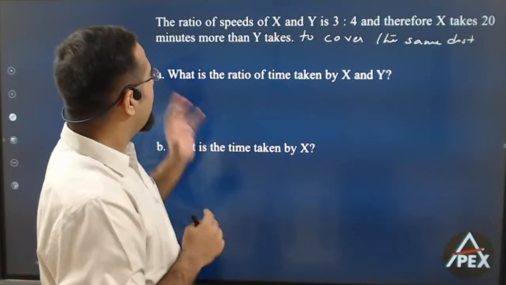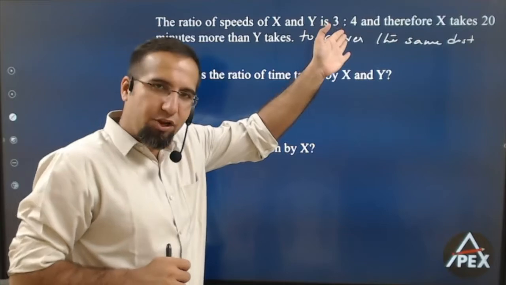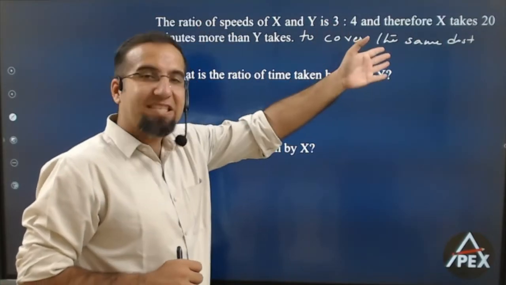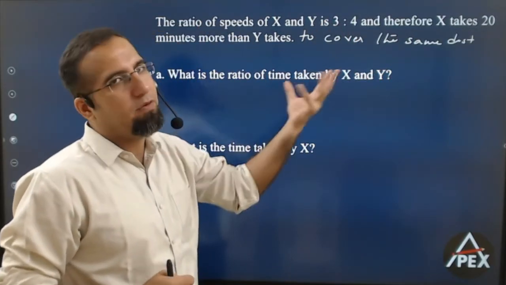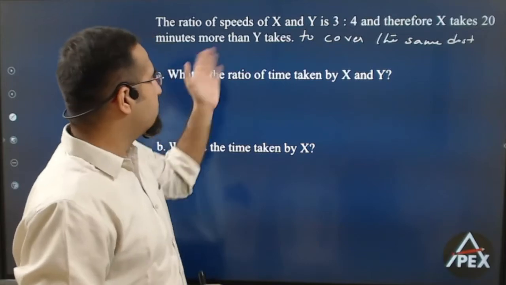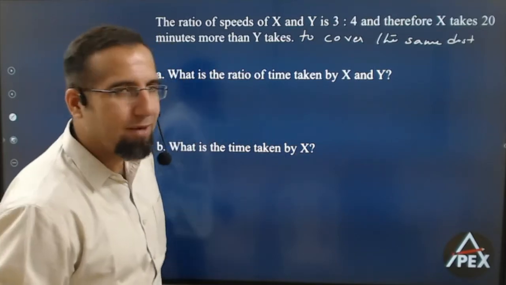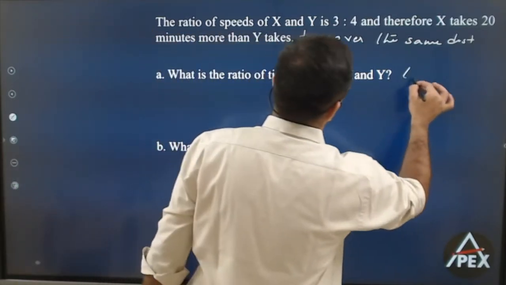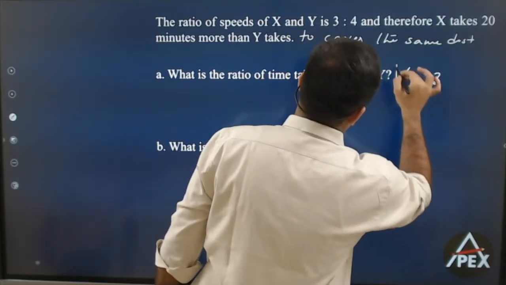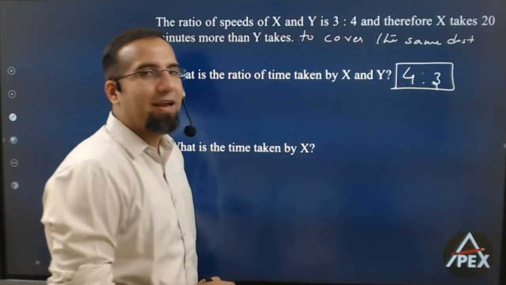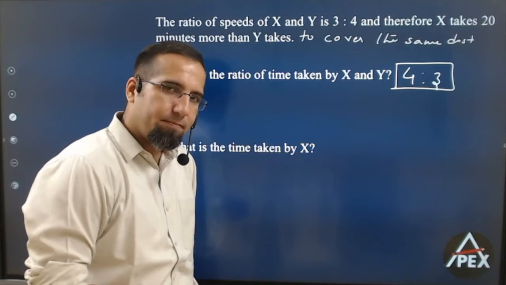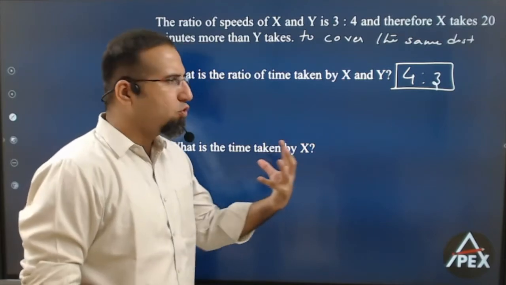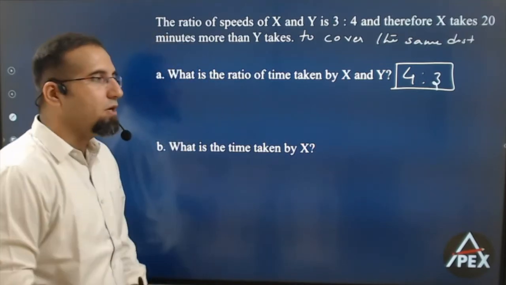Now if the ratio of speeds of x and y is 3:4 and the distance is constant, we know speed is inversely proportional to time. This question asks for the ratio of time taken by x and y. If I know the proportionality concept, I can just reverse them and get 4:3. Clear?